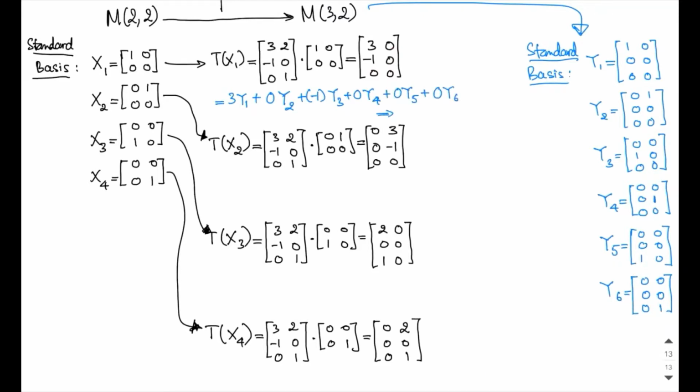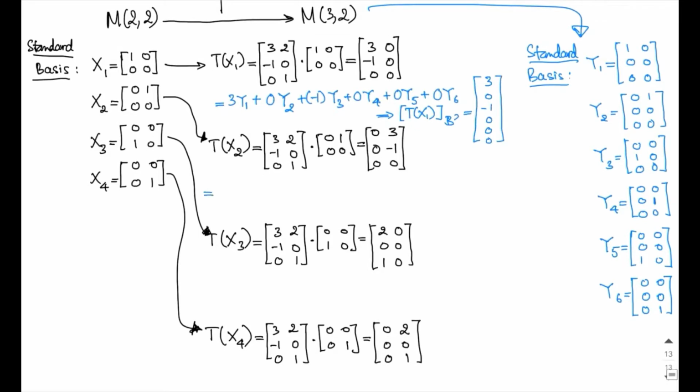This implies that the coordinate of T of x1 with respect to B prime is going to be the following vector: 3, 0, negative 1, 0, 0, 0. So you put them in that order into the column. Now repeat this process for T of x2.